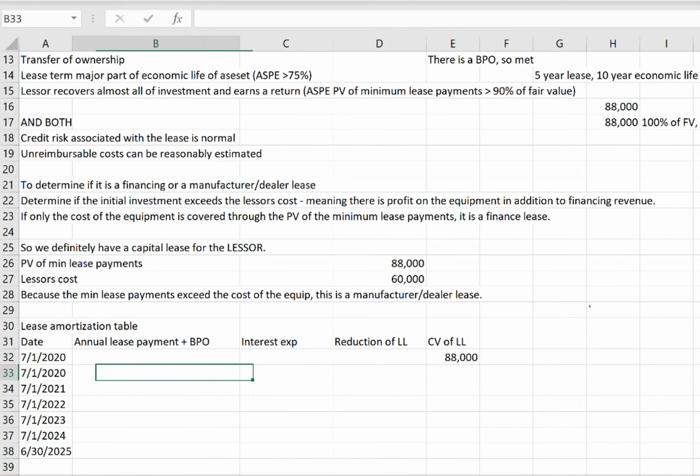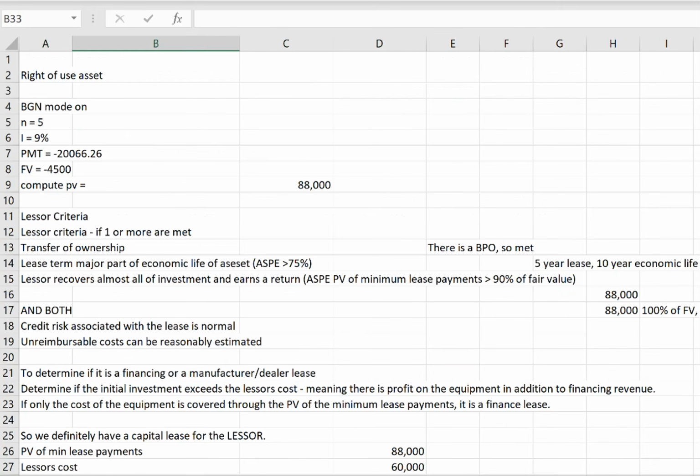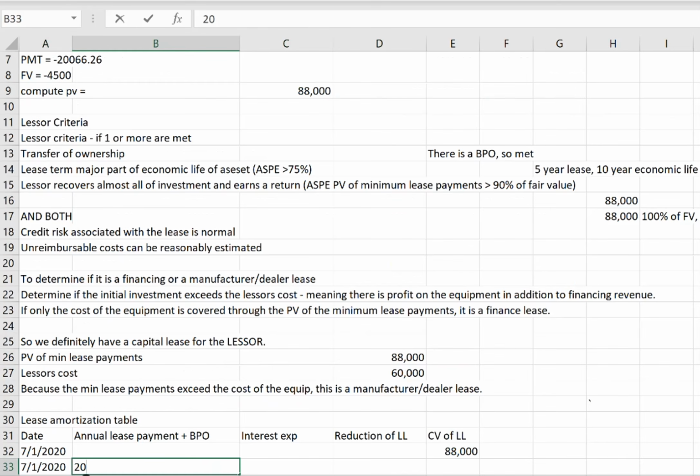And then the first thing that's going to happen, remember how the lease payments are due at the beginning of the lease? The lease payment's due at the beginning of the lease. So we're going to put in our first lease payment here. And remember, our lease payment is $20,066.26.